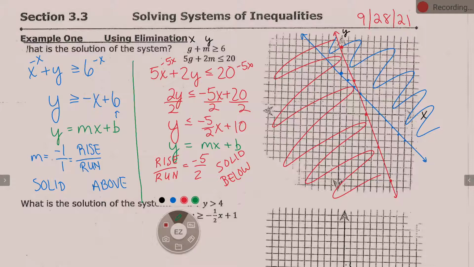So here's what I ask that you do. Do a little bit darker the area that is your final answer. Where does my shading overlap? On mine, where do my red and blue overlap? My red and blue are in this little V here, aren't they? So what I'm going to do, so it's obvious, is I'm going to come up here.